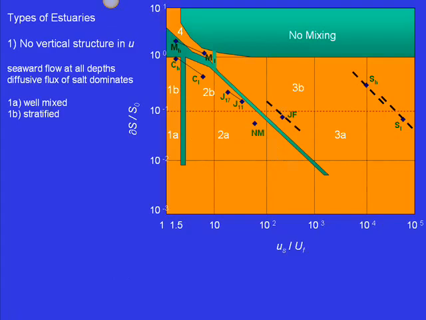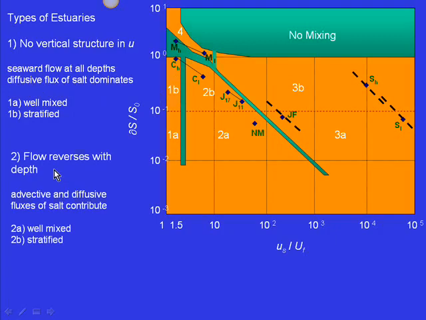Let's review the types of estuaries. Type 1 is that there's no vertical structure in the flow, as we discussed. What that means is that there's seaward flow practically at all depths, and it's dominated by diffusive flux of salt. So 1A is well mixed and 1B is stratified.